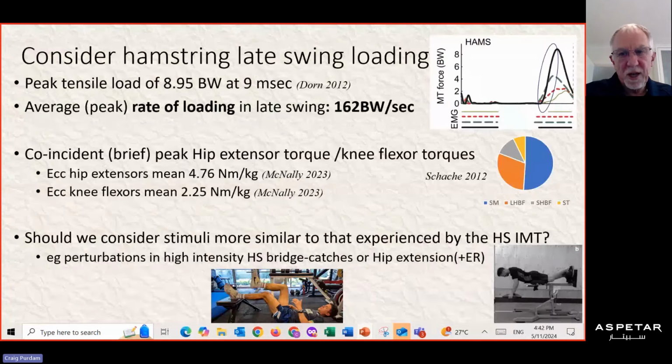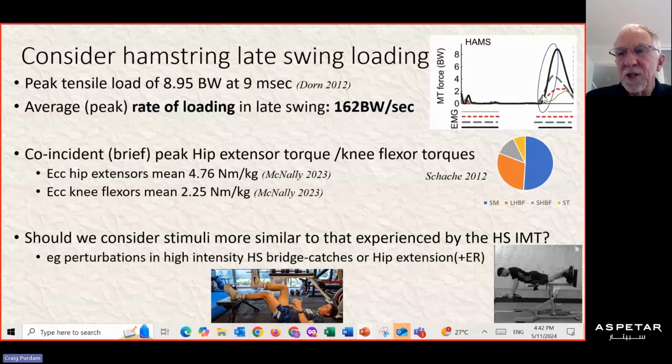I'm pretty much just going to finish with a pondering here. A lot of these interventions have looked very much at eccentrics, targeting the hamstring group or the biceps in particular, and you can get biceps more by externally rotating. But if we consider the loading in late swing phase, we know we've got tensile loading intensities of 8 or 9 body weights a second at 9 meters a second.